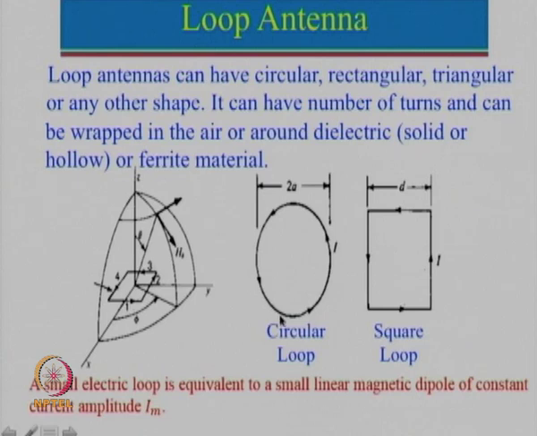When the loop dimensions are small, this can be a single turn loop or a multiple turn loop. The loop can be wound in air itself, or it can be wrapped around a dielectric which can be solid or hollow, or even a ferrite material. We will see one by one the different scenarios.